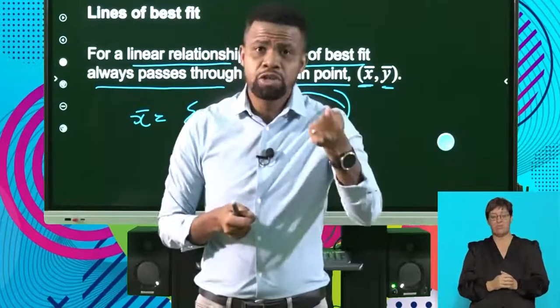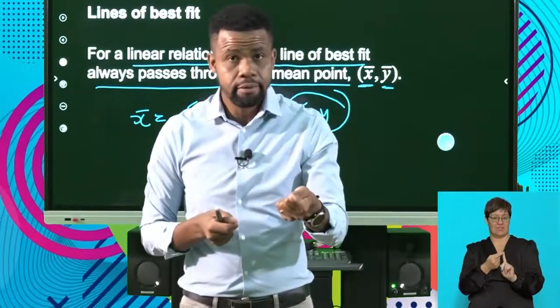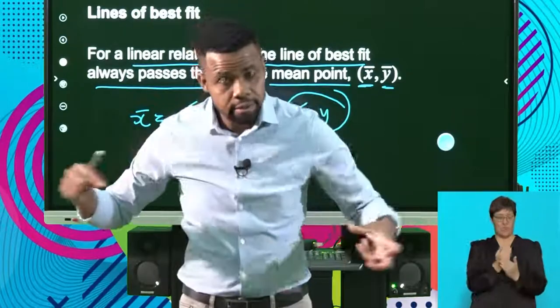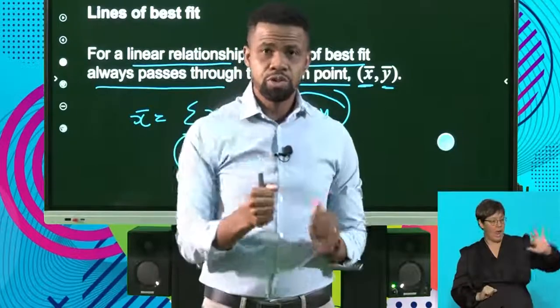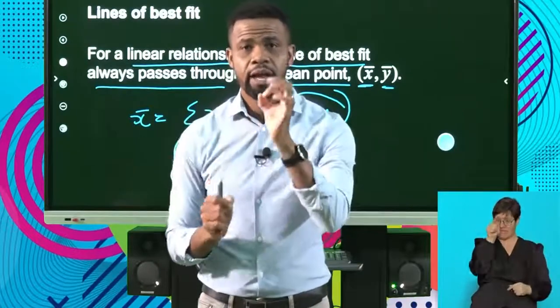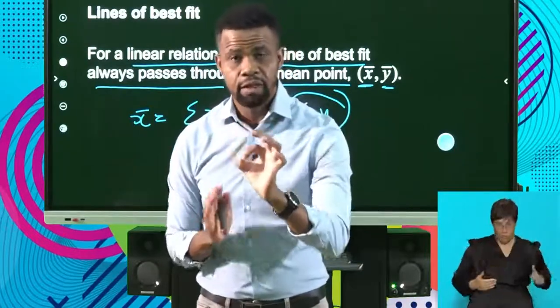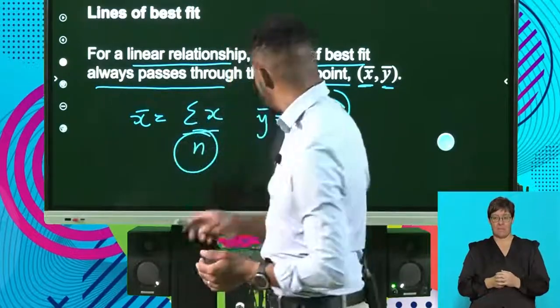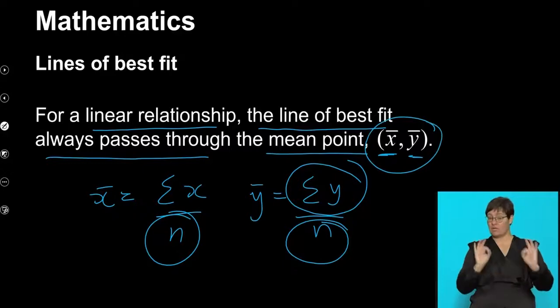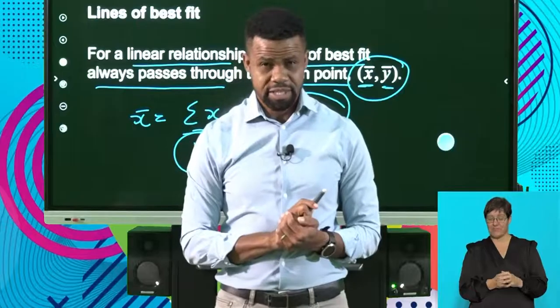So you have to create a new point on the Cartesian plane by calculating the average using x and the average using y, and the line of best fit must pass through that mean point, which is the new point you must create. Fantastic. Are we together? Makes sense?